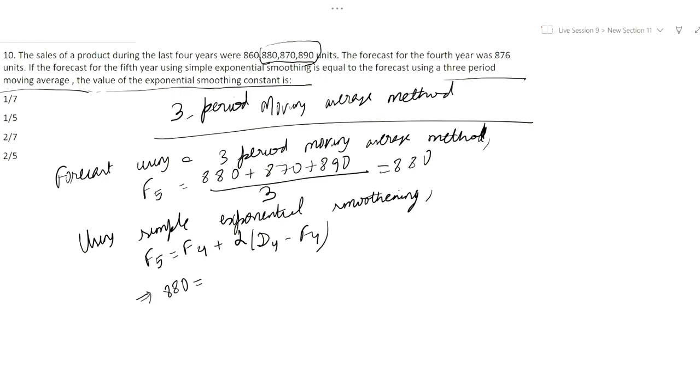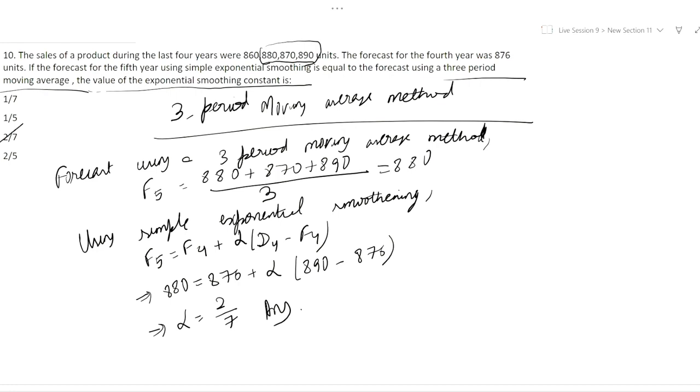The forecast for the 4th year is given. We have to find the alpha. Demand for the 4th year is 890. Forecast for the 4th year is 876. Now, solving this, you will get alpha as 2 by 7. So, in this way, we find it.